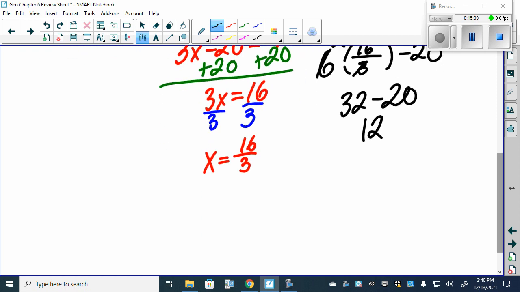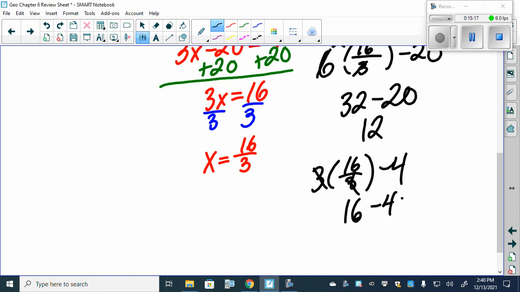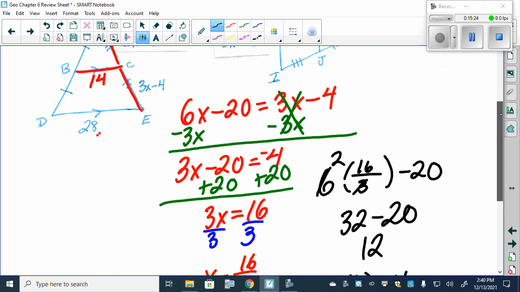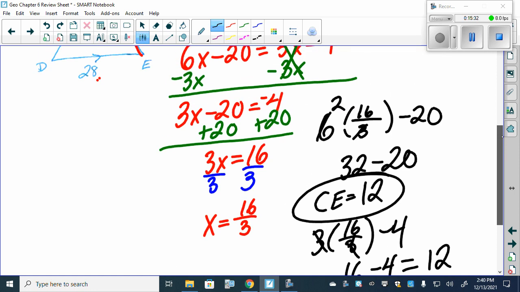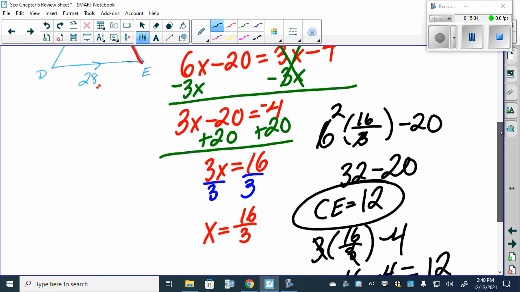And if we did the other one, 3 times 16/3 minus 4, well, here the 3 and 3 would cancel, giving us 16 minus 4, which is 12. So our length that we wanted for CE is 12. Any other questions on this here?